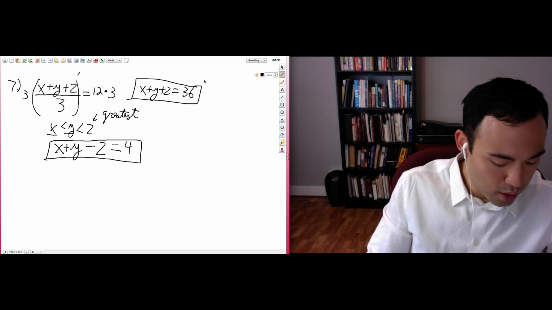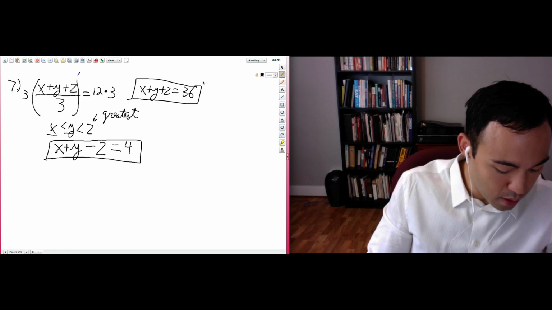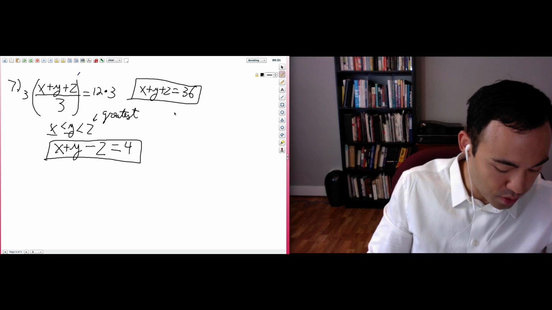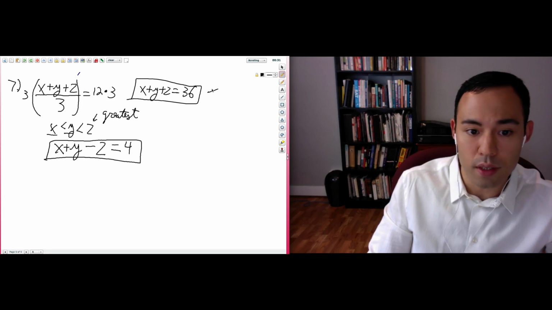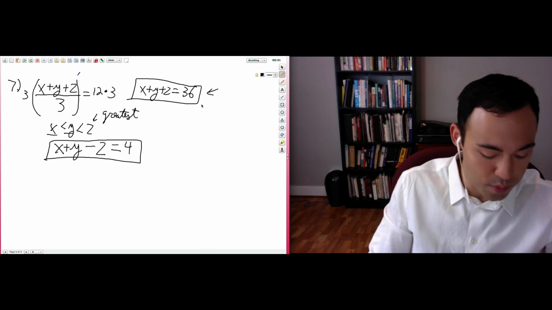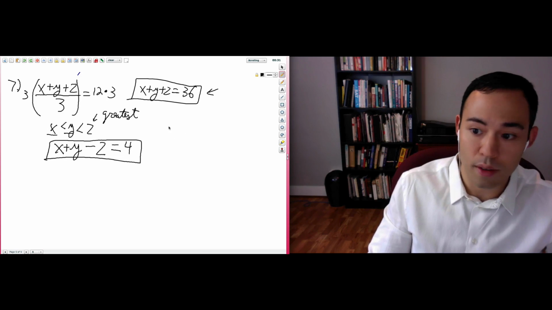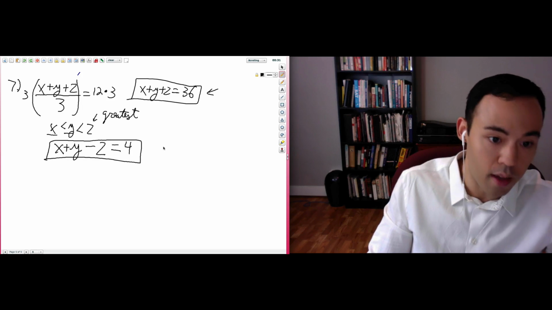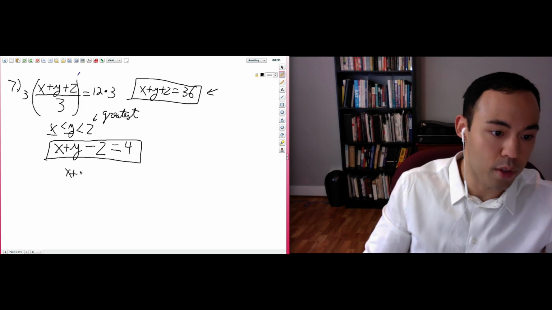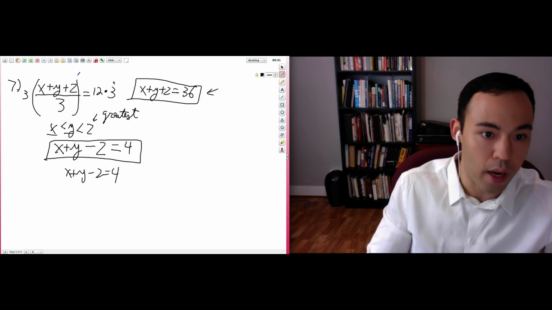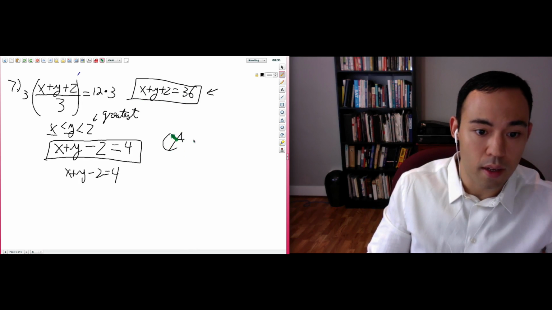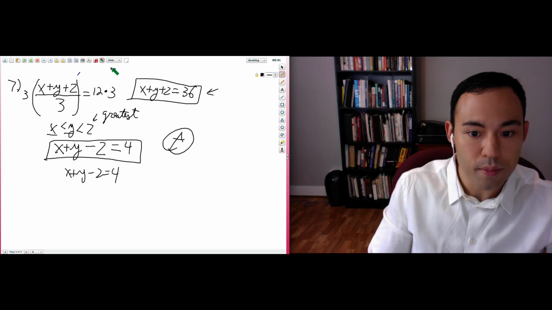What I do is I immediately eliminate C and D because they're saying x plus y plus z is equal to 24, and this already lets me know those can't be it. And then I look at that second of the pair of equations on each answer choice, and I see answer choice A has an x plus y minus z equals 4 paired with this expression, x plus y plus z equals 36, and so our answer is A.